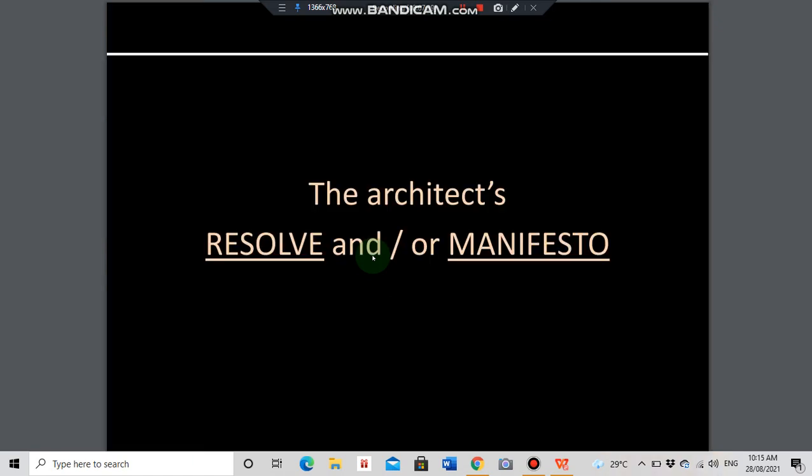Architectural philosophies. The architect's resolve and or manifesto. Ano ba ito? Resolve meaning the rule of the architect or implies an expressed or clear decision of an architect. Or manifesto is a public declaration of policy and aims that the architect has, this philosophy.